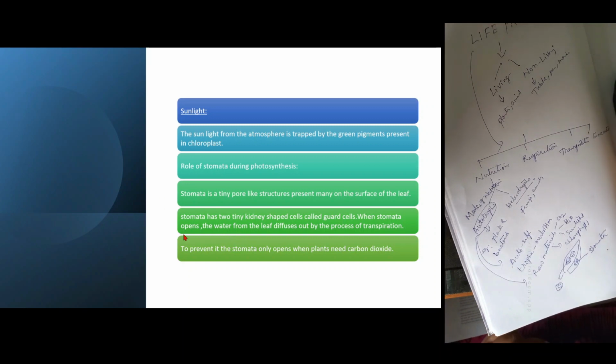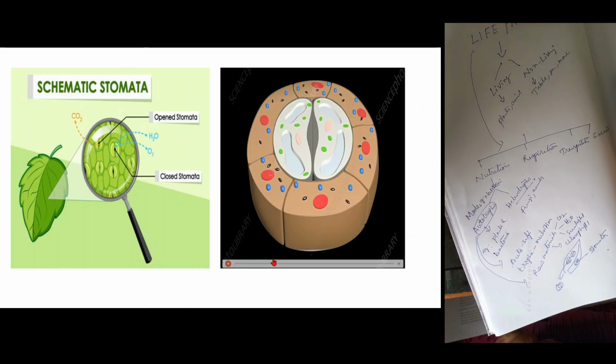When the stomata open, the water from the leaves diffuses out by the process of transpiration. So to prevent it, the stomata only open when the plant needs carbon dioxide. You can see here, this is the leaf in a plant. The leaf has the stomata.